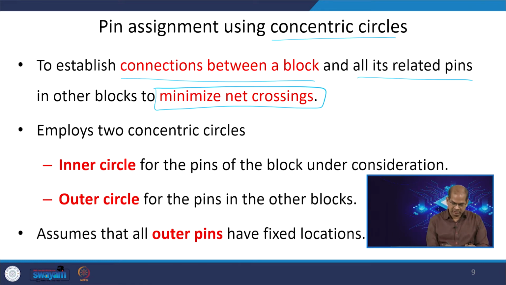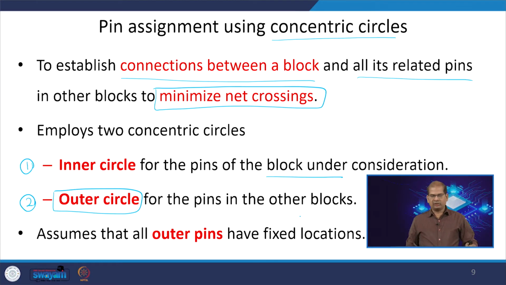One is called the inner circle and the second is called the outer circle. The inner circle is for the pins of the block which need to be connected to the outer circle. The outer circle is for the pins of the other block. We have two blocks: one block is inside the inner circle, one block is outside the outer circle.